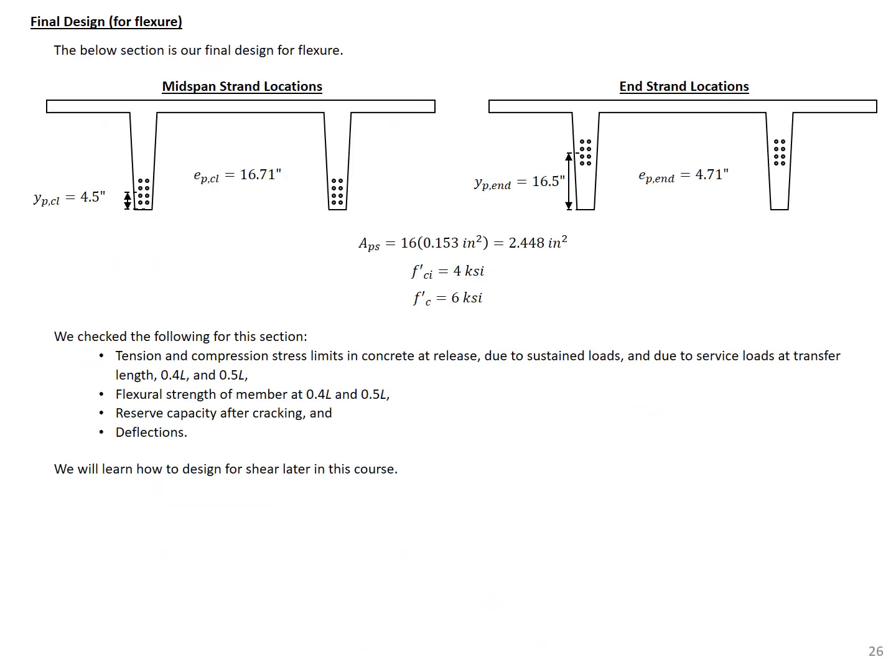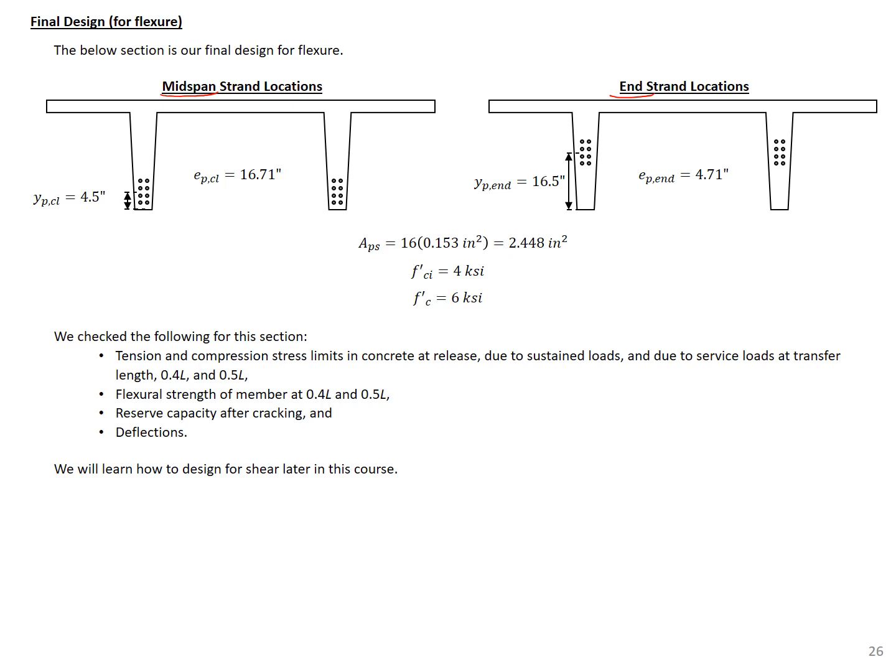So that concludes this example. Shown here is our final design for flexure with the strand location at the midspan and strand location at the end of our member. You can see we're using 16 1/2 inch diameter strands, and we had a release strength of 4 ksi and an ultimate strength of 6 ksi.